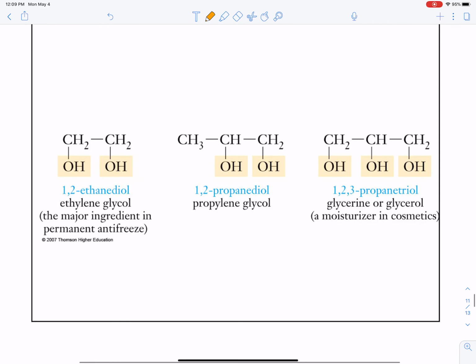Now, the reason why some of these alcohols are pretty important is because we get something that looks like this. We have glycerin, also known as glycerol, on the far right-hand side. Those are some common names that you probably want to pay attention to. As you do this, propylene glycol, you see these a lot in some of the cosmetic products that we use. It's a moisturizer, this glycerol, so instead of nice and dry, it'll help to moisturize the skin.